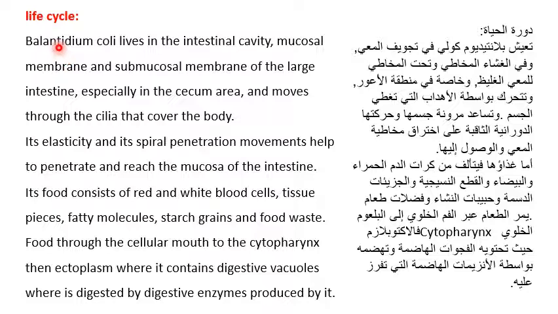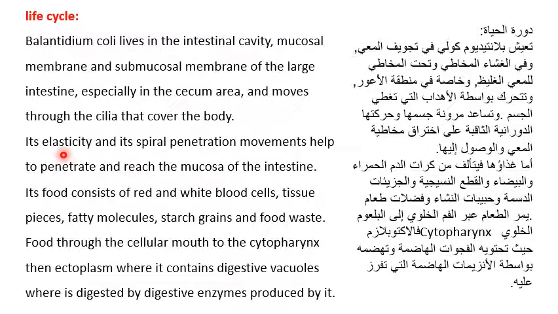Life cycle. Balantidium coli lives in the intestinal cavity, mucosal membrane, and submucosal membrane of the large intestine, especially in the cecum area, and moves through the cilia that cover the body.